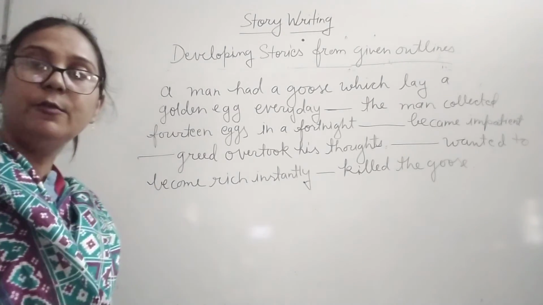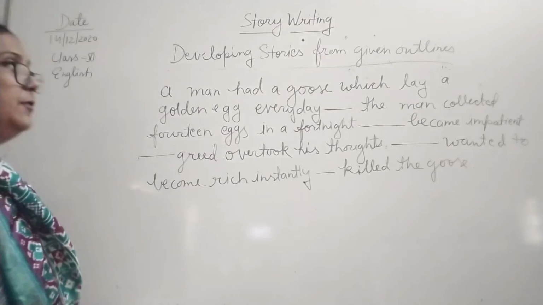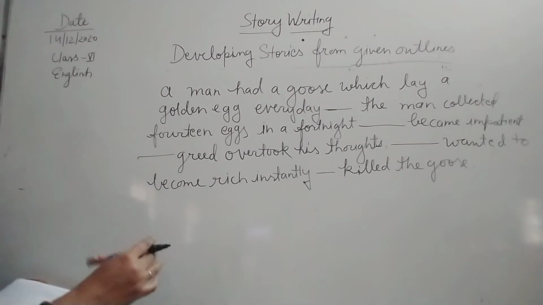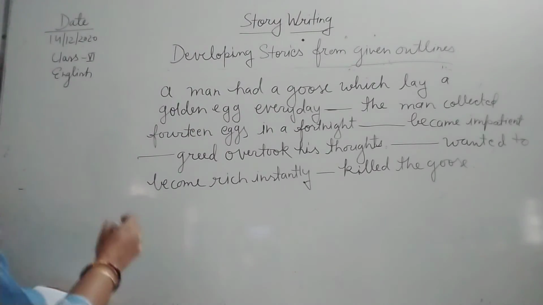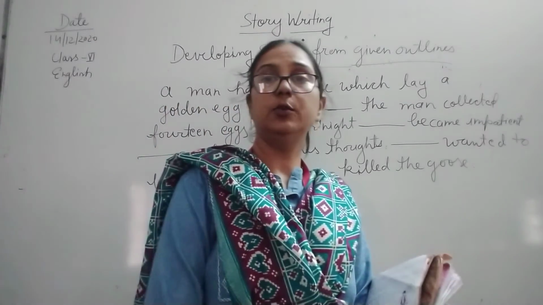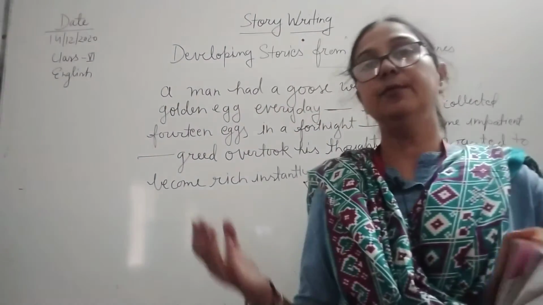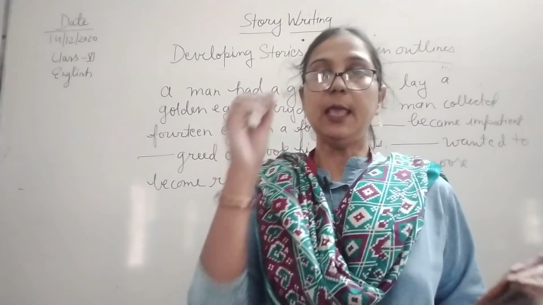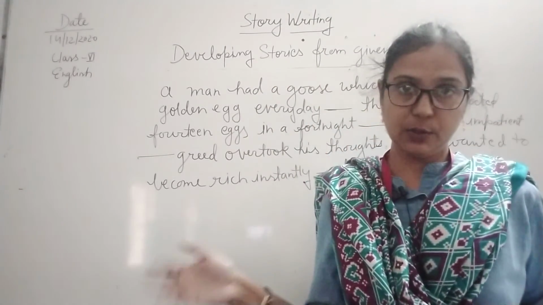So children, first of all, you will start with the first line. So, Rohan lived in a village. Now, the first line is a man had a goose which lay a golden egg every day. So here, for the man, you have to give a name and then you will start writing your story.